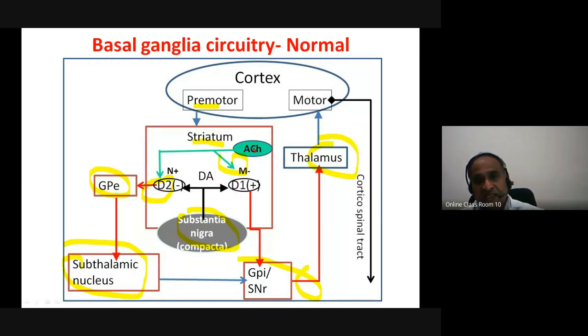And intrastriatal cholinergic neurons are also fine-tuning with the muscarinic receptors and nicotinic receptors. Muscarinic receptor is inhibitory, and D1 receptors are excitatory to these direct pathway neurons, and nicotinic receptors are excitatory, and D2 receptors are inhibitory to the indirect pathway. So this is what happens in the normal basal ganglia circuits.